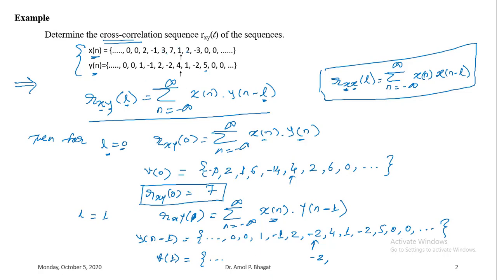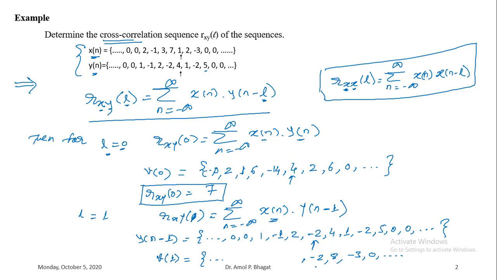Again, the next value is 2 in this case. Here the value is 4. Okay, so it will be 8. The next value is 1. Here minus 3. So it will be minus 3. The next value is minus 2, right? So minus 2 multiplied by 0 will be 0. So the remaining values will be 0, because in this case all remaining values are 0.